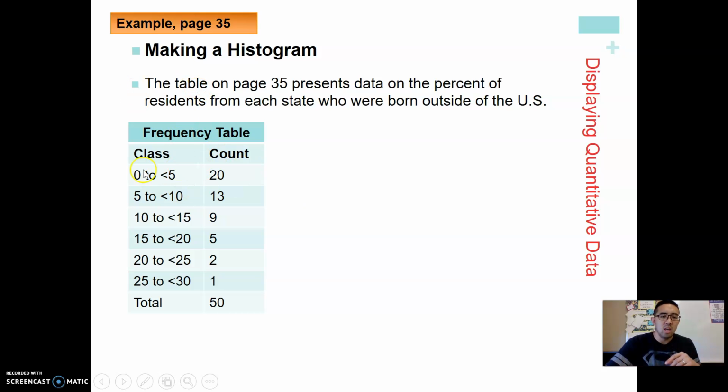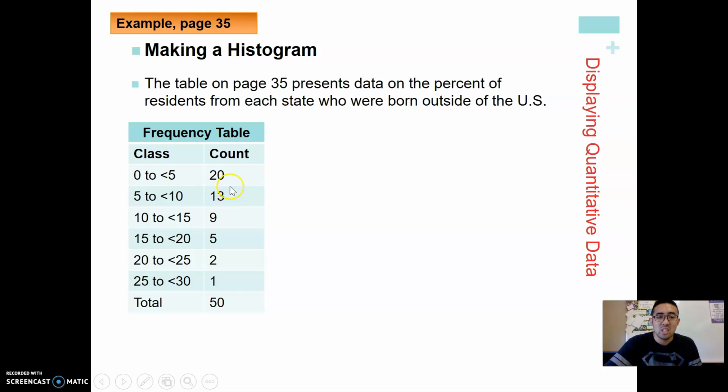What this means is that they divided their ranges into ranges of 5%. So states that have 0 to 5% immigrants, or 5 to 10% immigrants, 10 to 15% immigrants, so on and so forth. So what this represents is that there are 20 states that have between 0 and 5% immigrants.